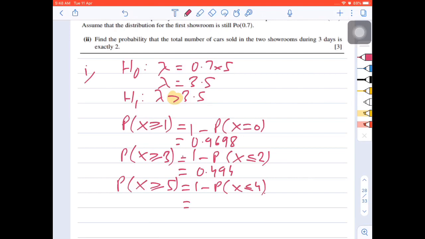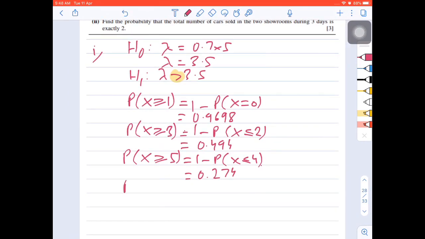This is coming equal to 0.274. Again, this is bigger, so probability of x greater than or equal to 6 will be 1 minus probability of x less than or equal to 5. This will be 0.142.